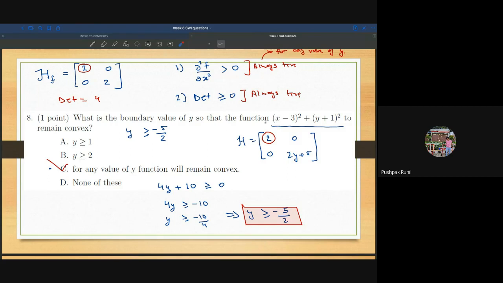Sir, I was asking for another question: if it is asked in case of x, like if the options are given like x is greater than or equal to 1, greater than or equal to 2, and so on. I guess it would not be given for x.